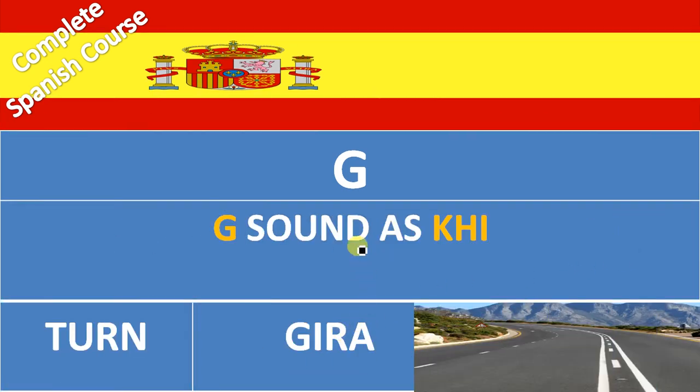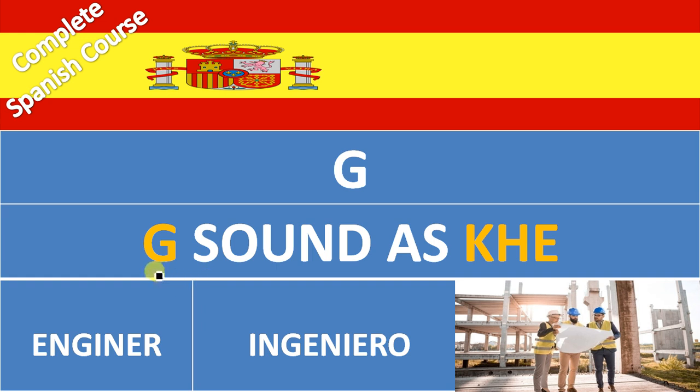Example is G sounds as hi. Turn, we say girar. Here you can see G is coming before the letter I. So the sound of this combination GI is hi. Girar means turn.